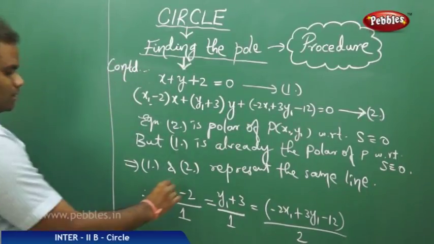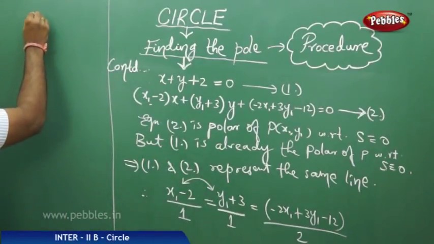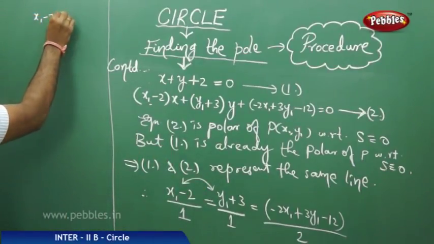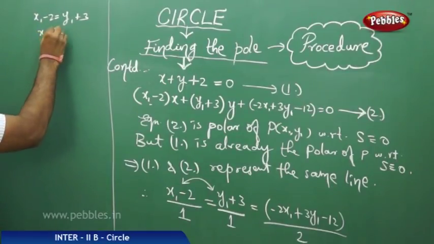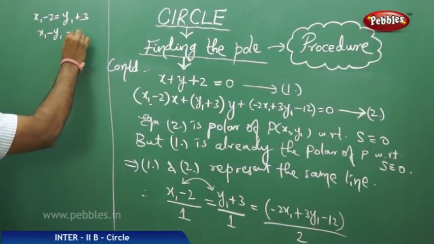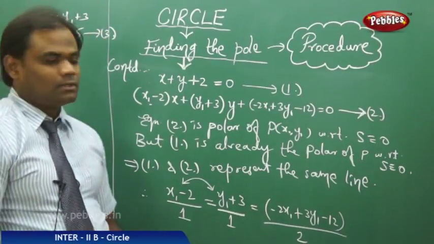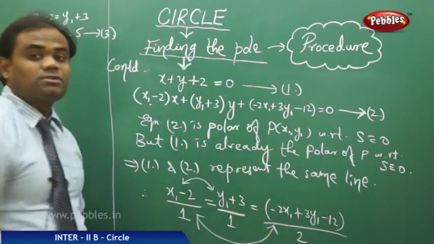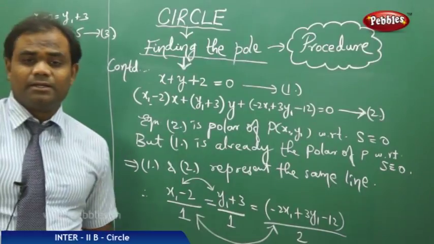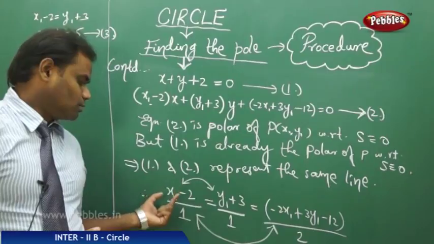Continuing from here, I first simplified these two equations, which give me x1 minus 2 equals y1 plus 3. That is, x1 minus y1 is 2 plus 3, which is 5, which I take as equation 3. Then I take the next two equations, which gives me one more equation. Ultimately, the concept here is to use the elimination method in solving the two unknowns x1 and y1.